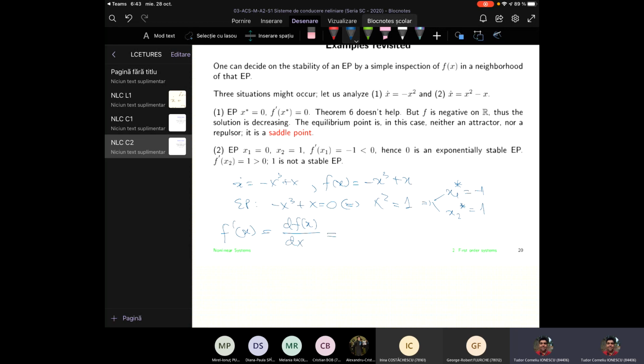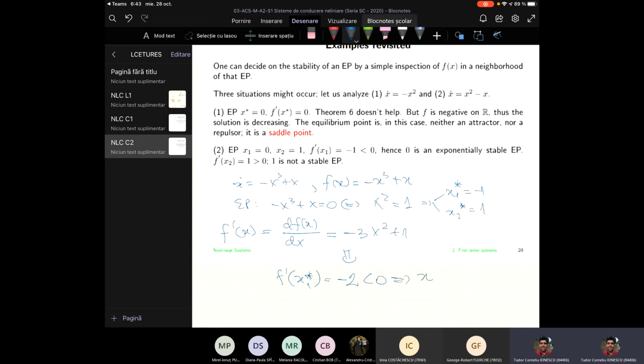This is minus 3 x squared plus 1. Now, that means that f prime of x1 star equals minus 2. This is negative.